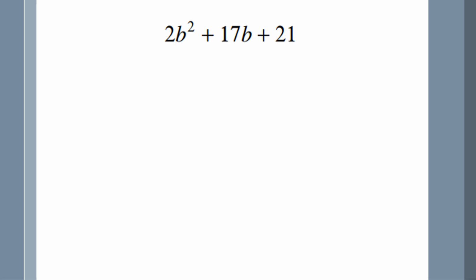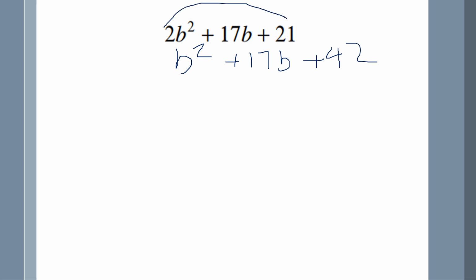All right. So you realize this is the sweet method. So you go 2 times 21, and you multiply. You rewrite. So that's b squared plus 17b plus 42. I got 42 because I multiplied 2 times 21.